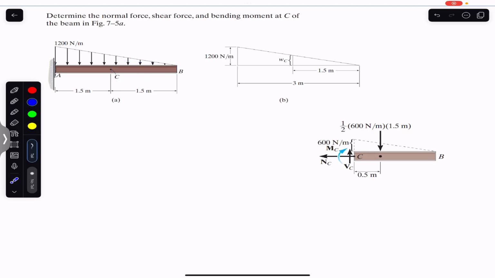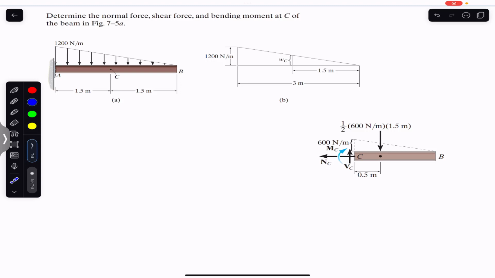If we consider the BC segment, there is no need to find the reactions at point A. If someone wants to consider the AC segment, then we need to find the support reaction at point A. So I'm going to consider this BC segment. There is no need to find the reactions at point A for my calculation.